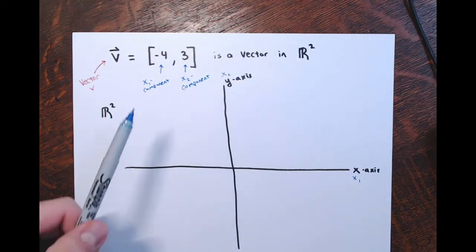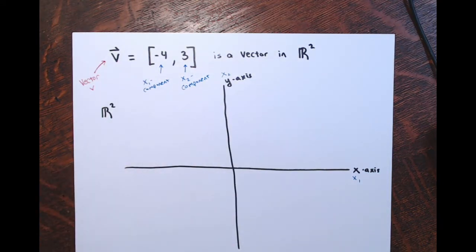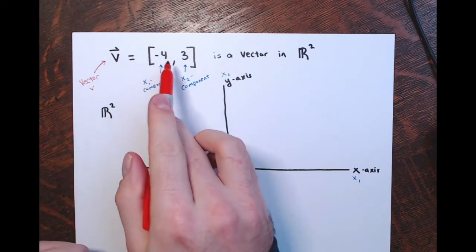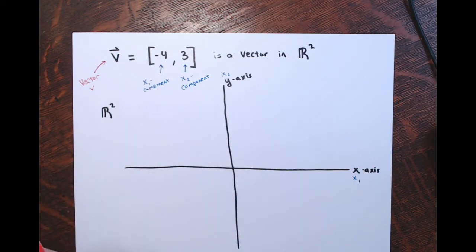And all they tell you is how to move. How do you move on the coordinate plane? Now if I start from the origin, remember if I start from the origin, this will be called a position vector, because it'll simply point to the position, the point -4, 3 in the coordinate plane here.